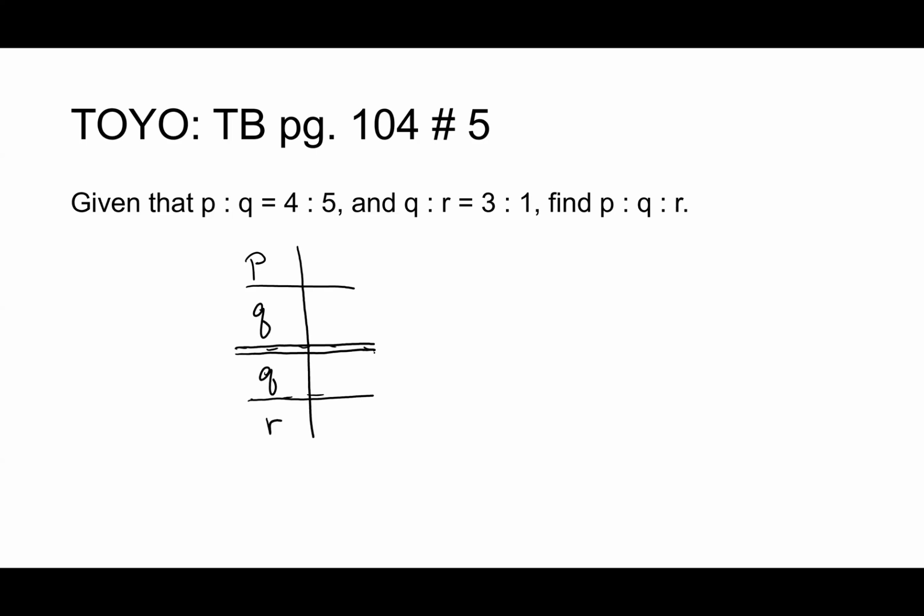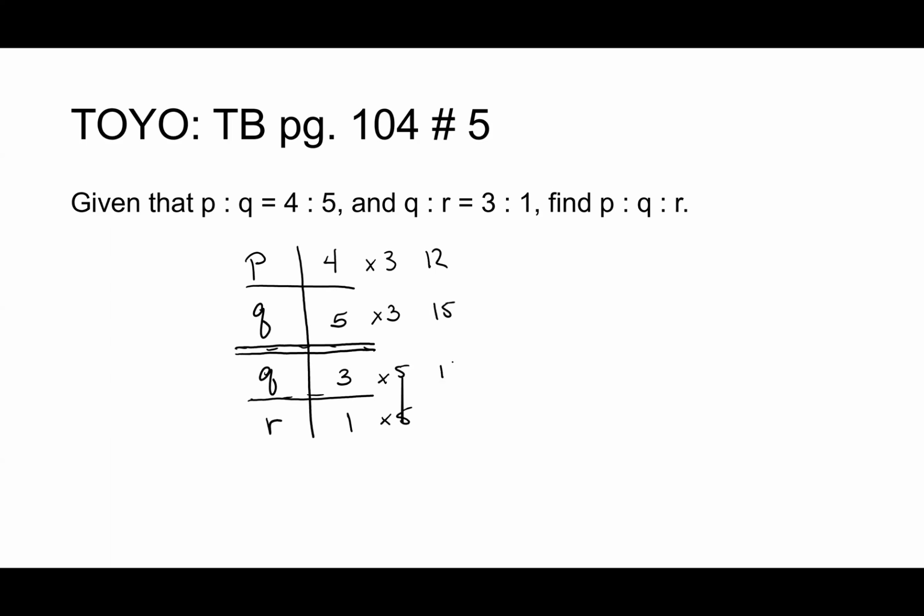How many units does P have to start? 4. Okay, 4 units. And Q? 5. Okay, and Q in the next one? And R in the next one? Good, okay. So what did you do? Okay. Nice job.